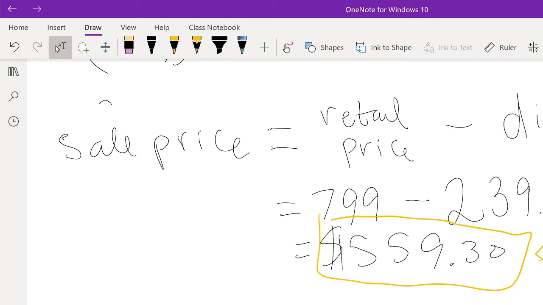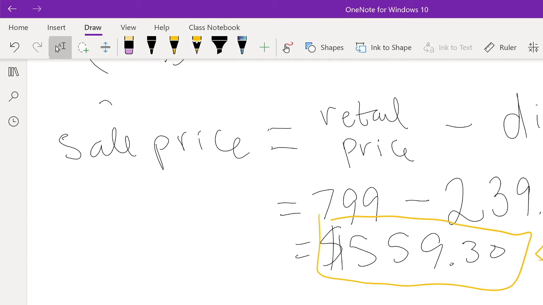Now, I did say there's two ways that we can do this. The way to calculate the sale price here takes two steps: one, calculating the discount, and then subtracting the discount from the retail price. Sometimes we're actually asked what the discount is.